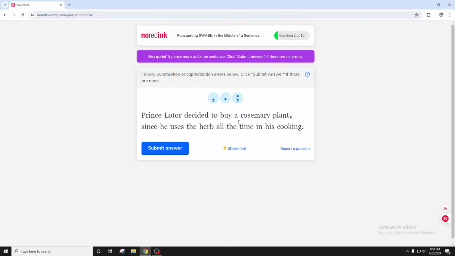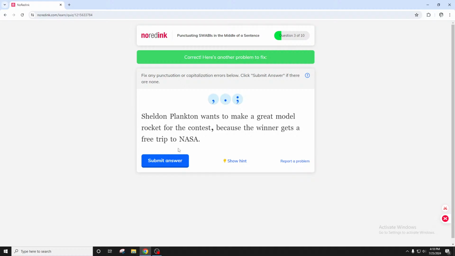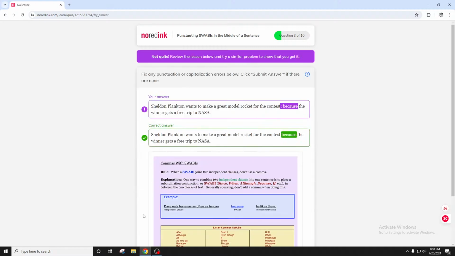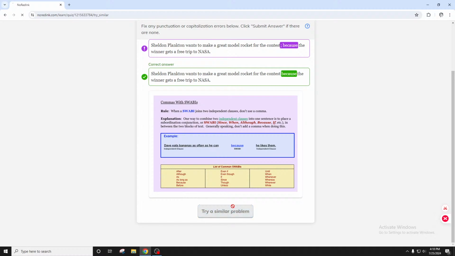Prince Loder decided to buy a rosemary plant. No punctuation.